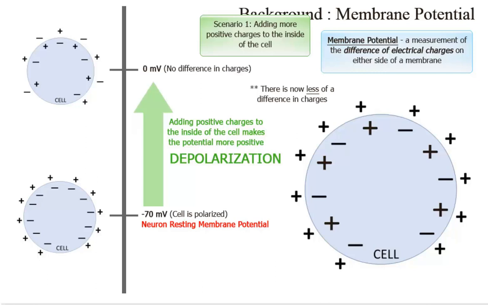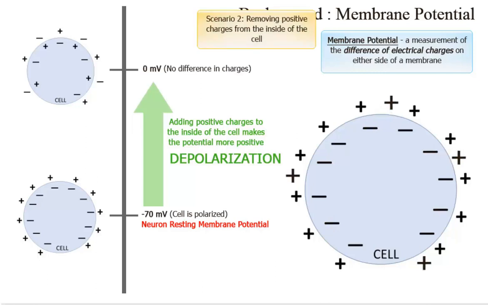Likewise, if I were to take positive charges away from the inside of the cell, so if I were to move positives from the inside to the outside, I am making the difference even greater. Now I am making the inside even more negative compared to the outside. So I am making the difference in charges larger.